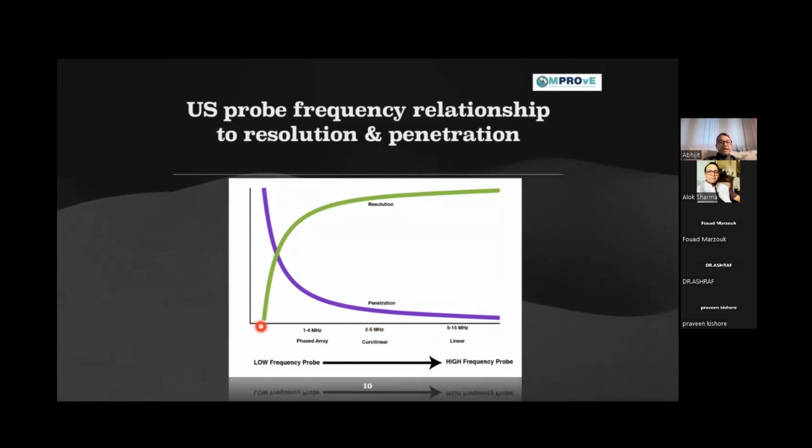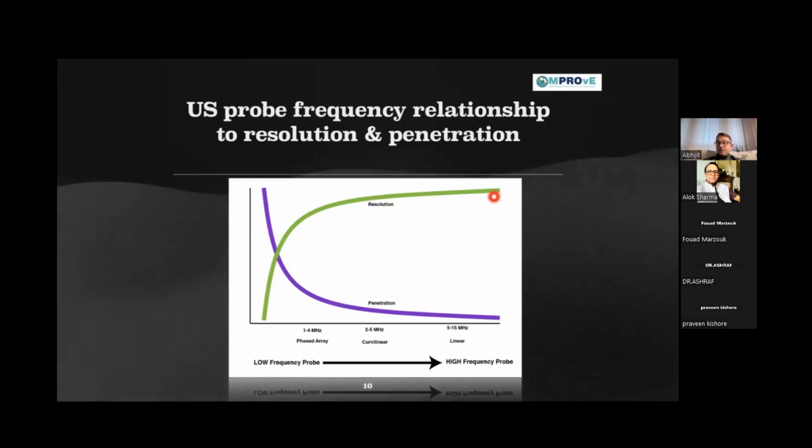You have a lower frequency, so you get a lower resolution, but a higher penetration, so you can go deep inside the body to look into the organs. But as your frequency increases, you increase the resolution. It's more like looking at a high resolution TV. You get an increase in resolution, but at the cost of penetration, so you cannot go deep inside the body.